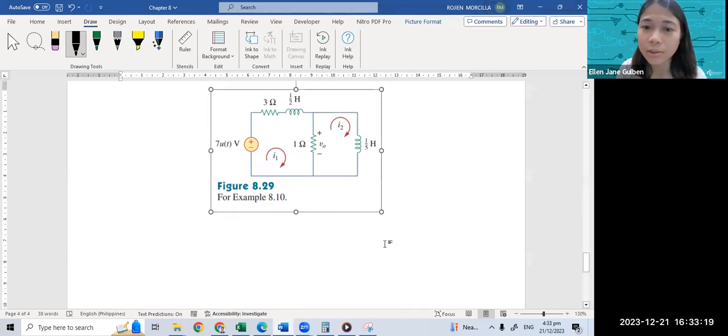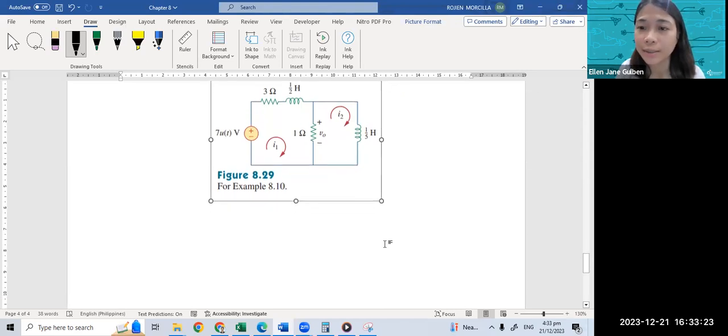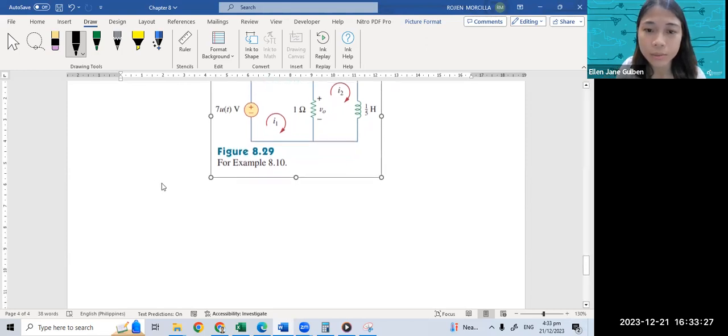Okay, so this is how we make calculations easier. So with this, we will be doing KVL, and then this one we will be shorting them for source-free. Okay, KVL.